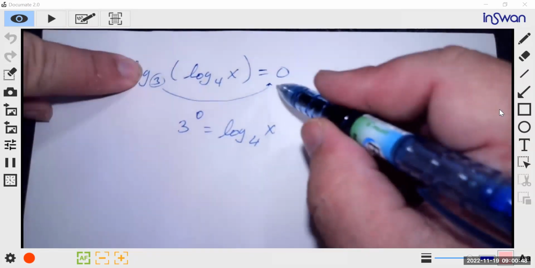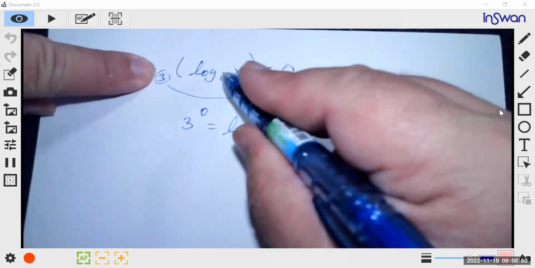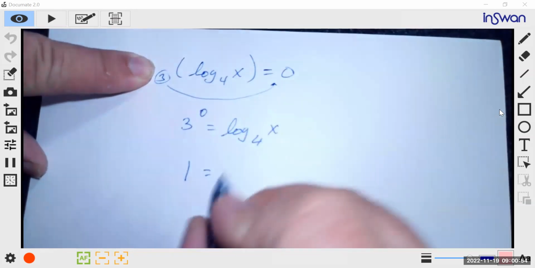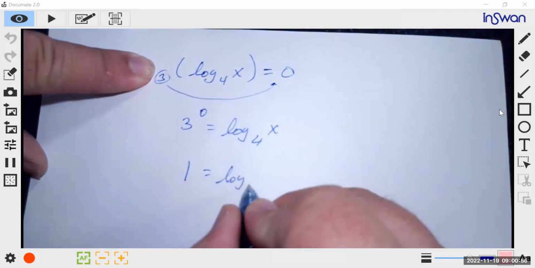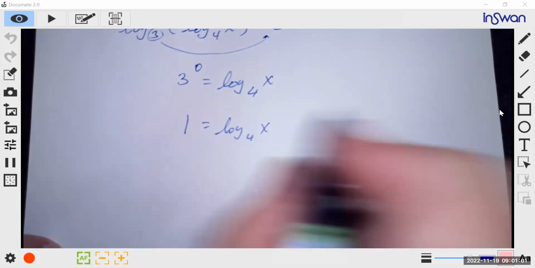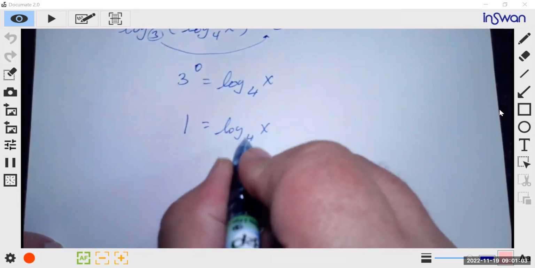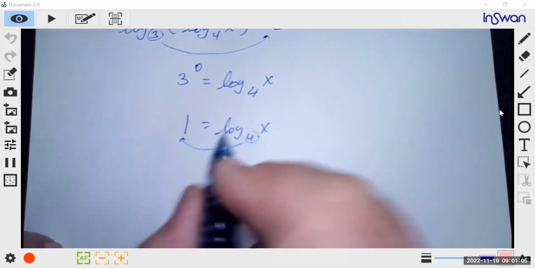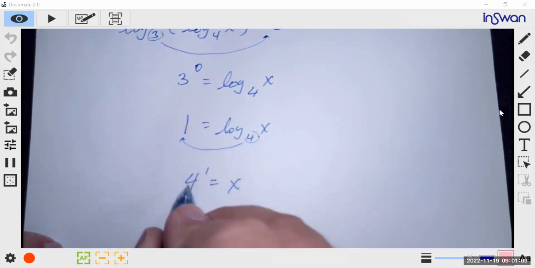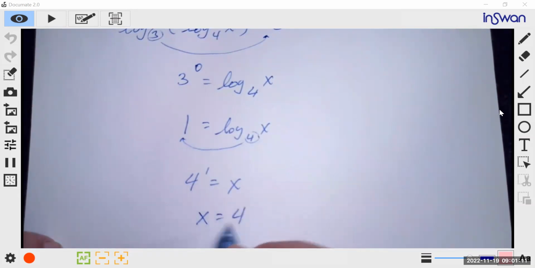So the 3 goes over here to the 0, logged up, and then we have that. Anything to the power 0 is 1. So the base comes over here, pushes up the answer. So it's 4 to the power 1 equals x. So x is equal to 4.